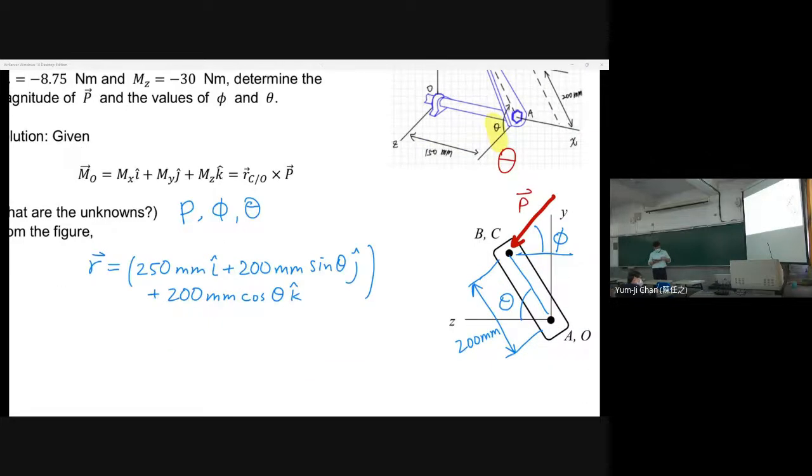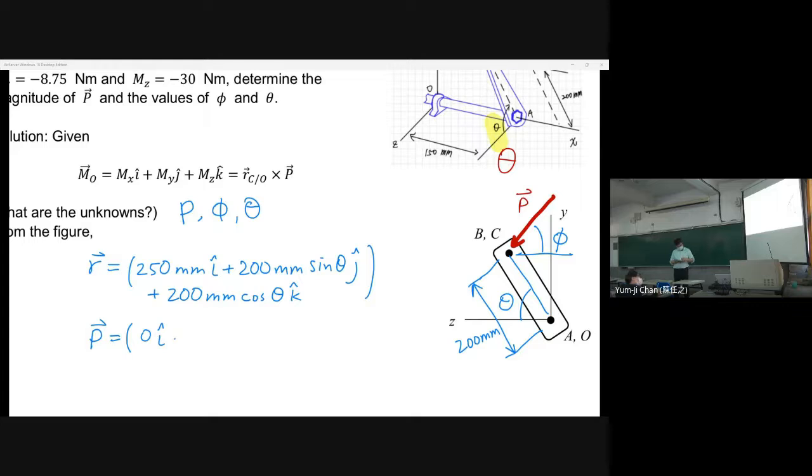And for P, it is equal to the value of P. Because it has no x component, it is 0i.